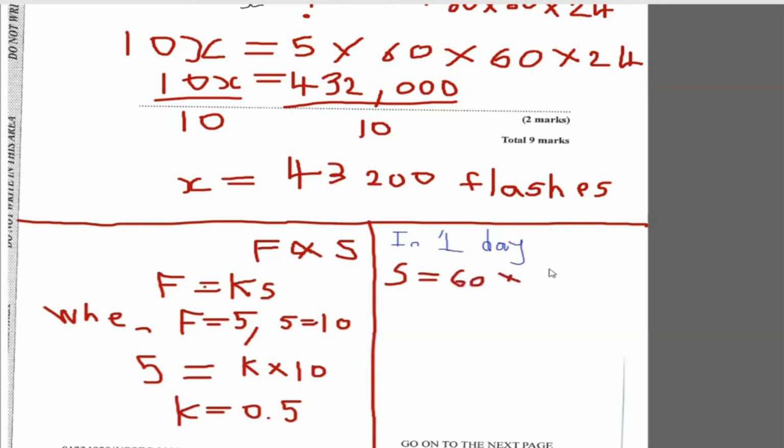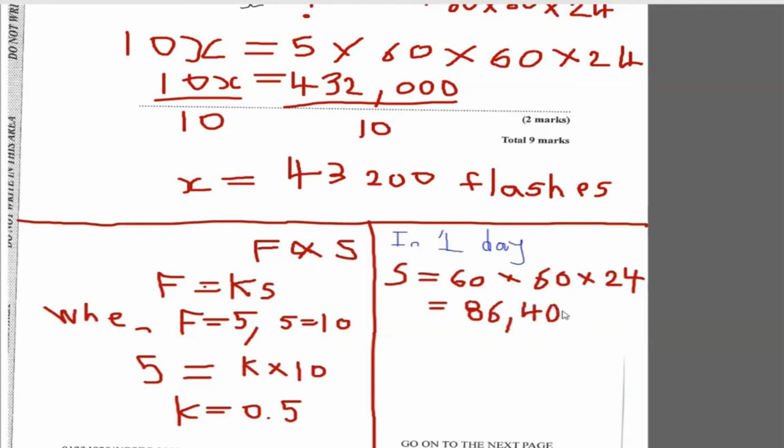That's how many seconds make 1 day. That is 86,400.